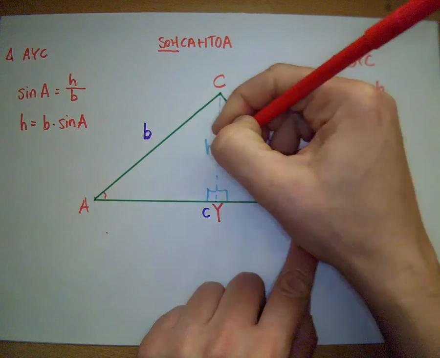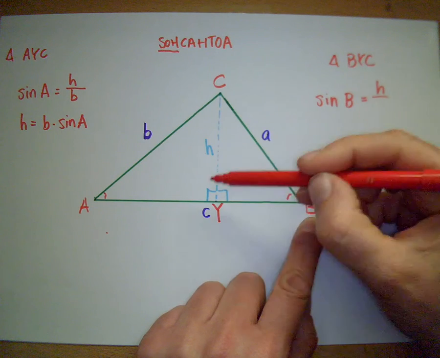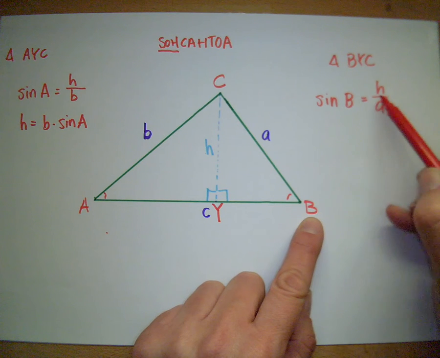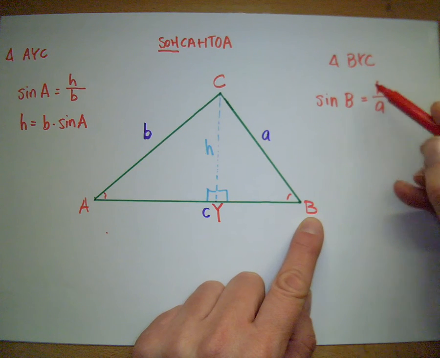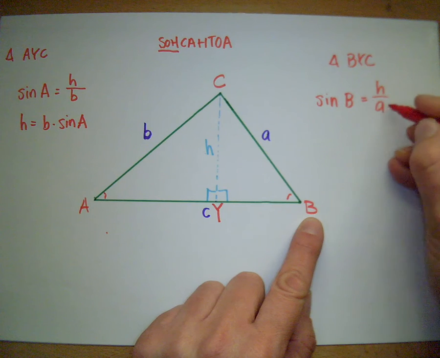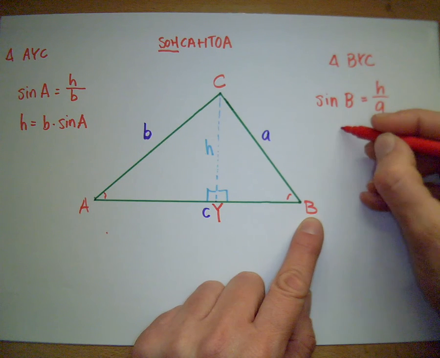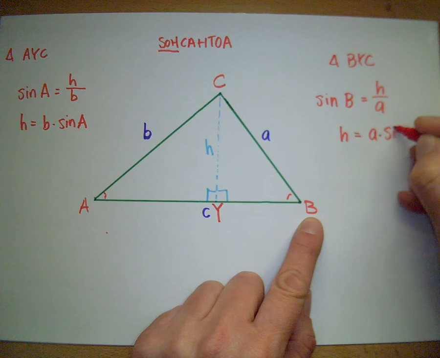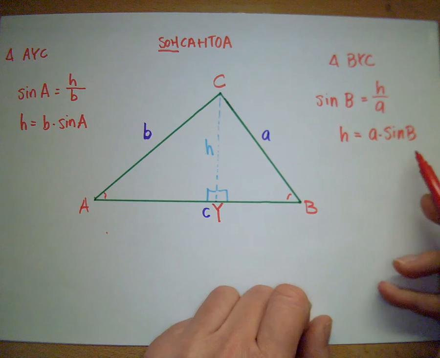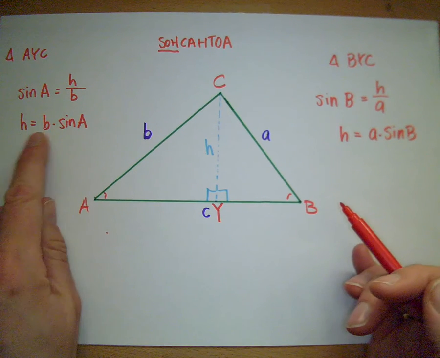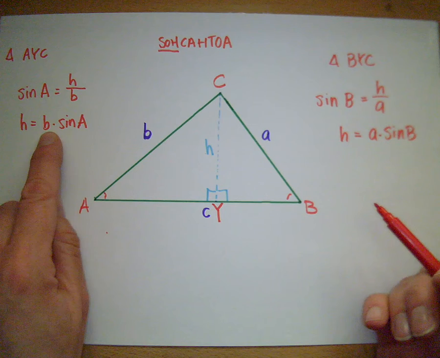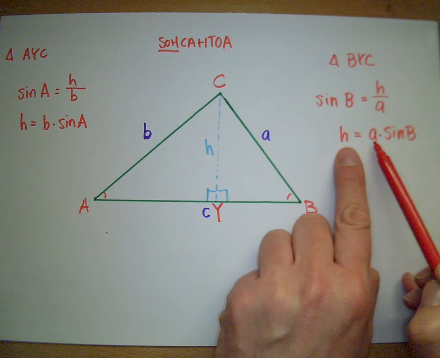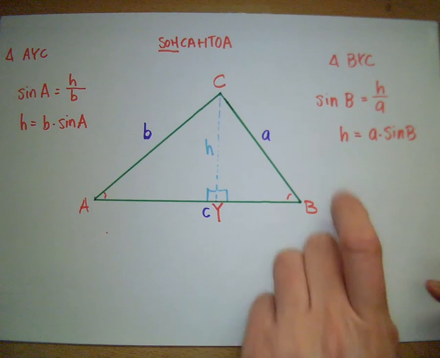It's opposite the angle. Divided by hypotenuse, the hypotenuse is a. Now if we change this around to make h the subject of this equation as well, multiply both sides by a and flip the sides, we get h equals a times the sine of B. Right? So look, we found h in terms of b and angle A. Here we found h in terms of side a and angle B.